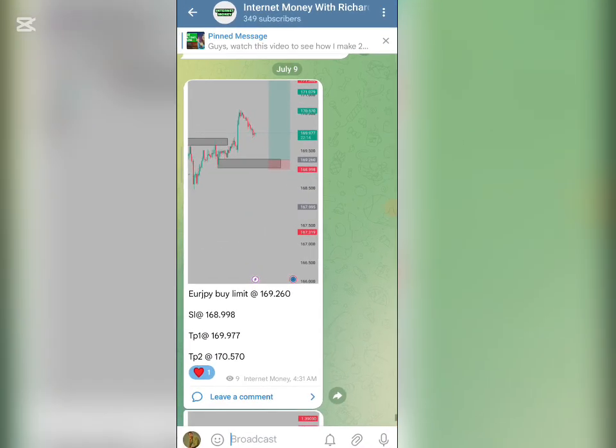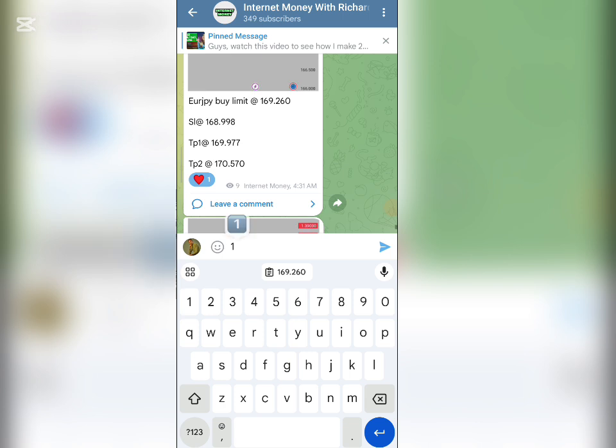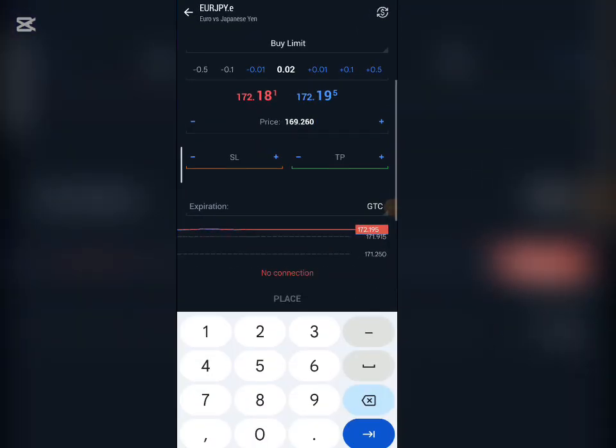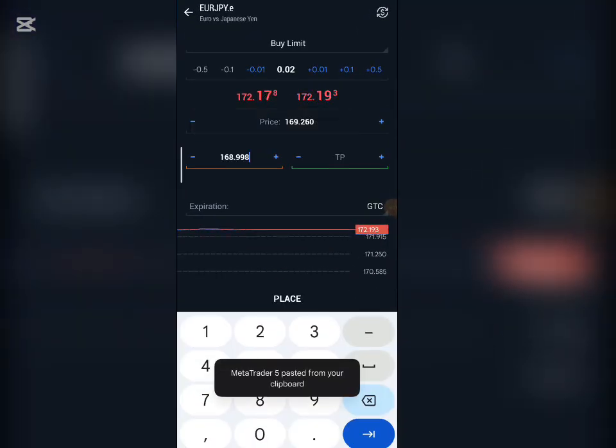So you're going to copy it also, then paste that under your stop loss.